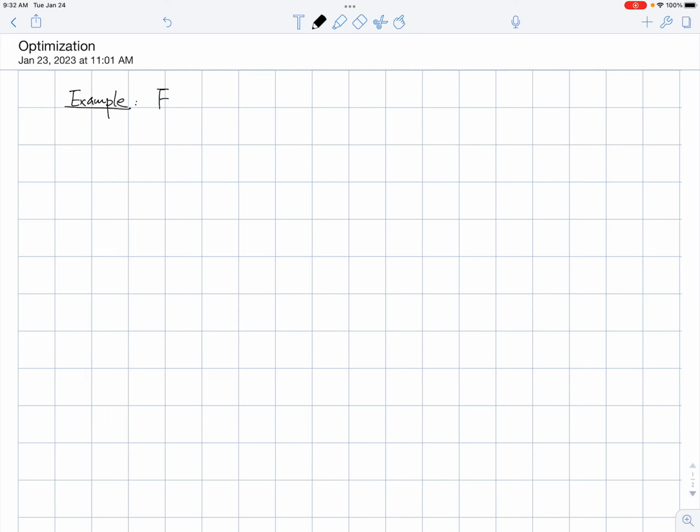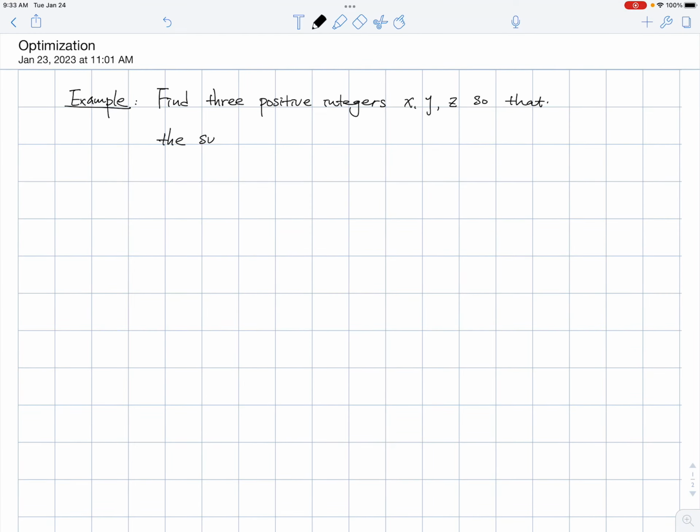Example: Find 3 positive integers x, y, and z so that the sum is 30 and the sum of the squares is a minimum.